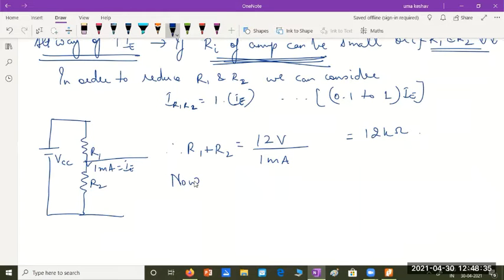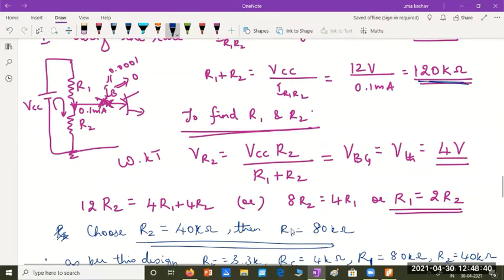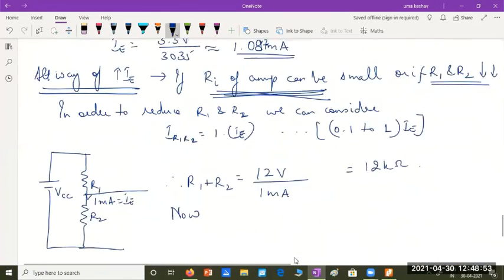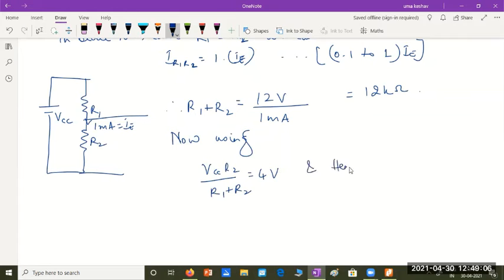Now, we already found a relation between R1 and R2 when we did the first design. The same equation you'll use because VThevenin remains 4 volts. Using VCC times R2 by R1 plus R2 as 4 volts, I'll not repeat what we had done.